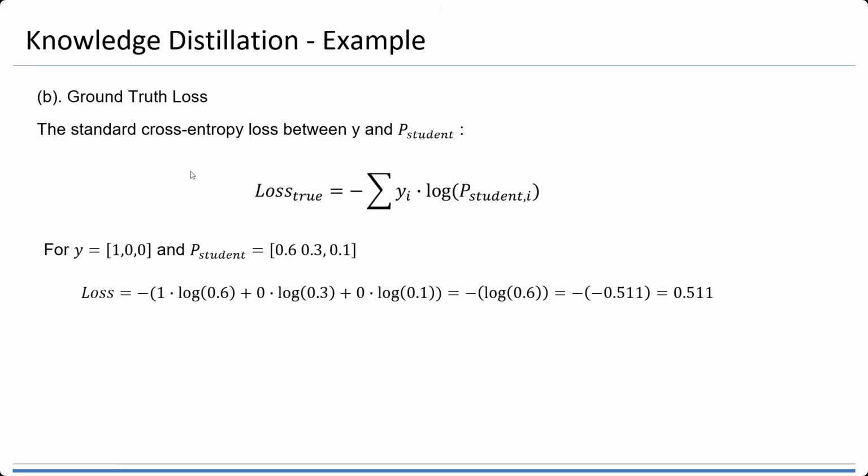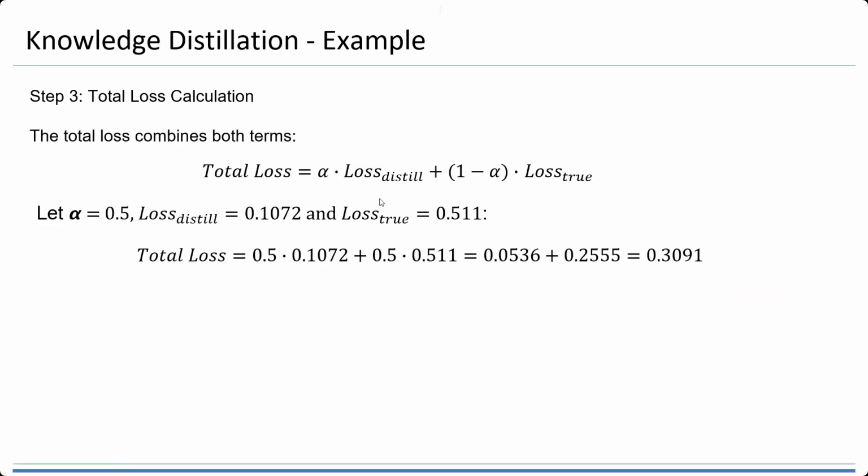After we have these two losses, the loss from the distillation and the loss from the ground truth, we can calculate the total loss based on alpha. We already said that alpha is 0.5. If alpha is 0.5, then we put 0.5 multiplied by the loss distillation. This is the loss distillation.